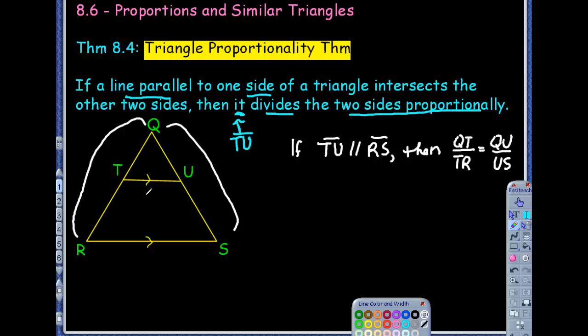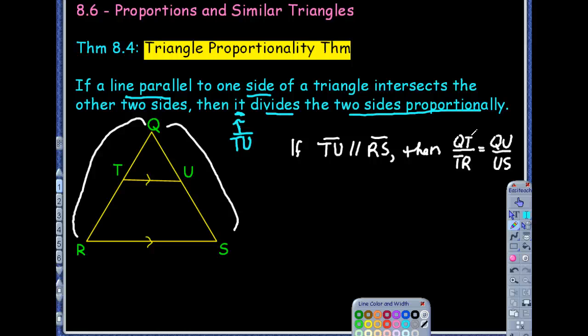Now, based on some other properties of proportions, you could do a reciprocal rewrite of these. You could say QT to QU is equal to TR to US. So this proportion can be written multiple ways. Just keep that in mind. This is just one way of interpreting that.